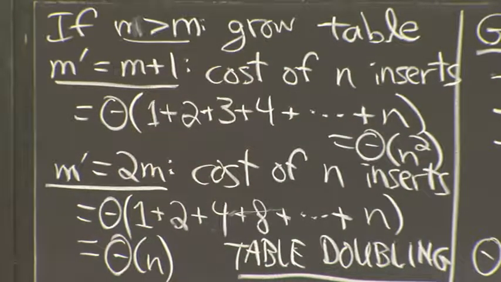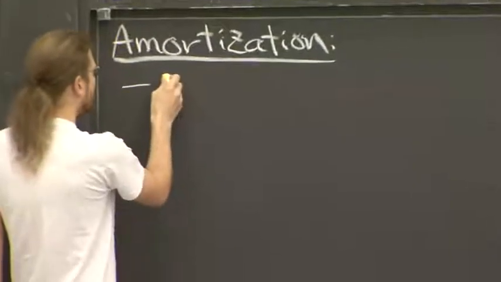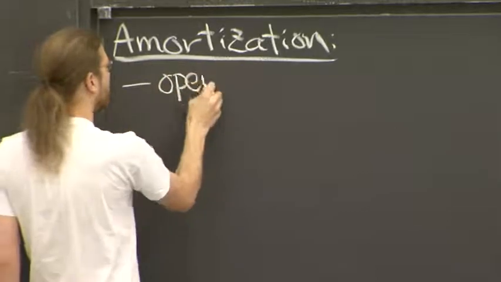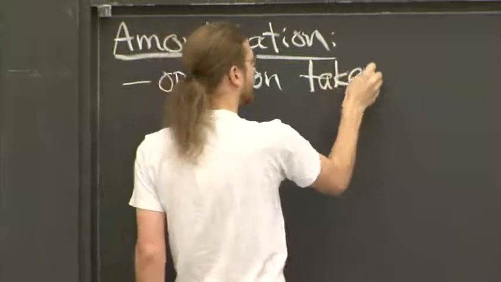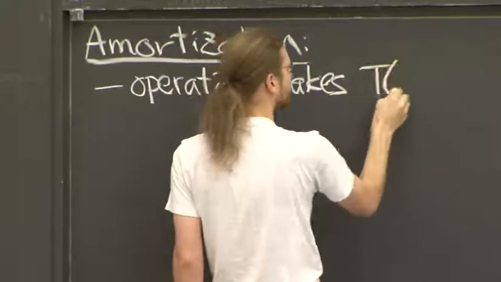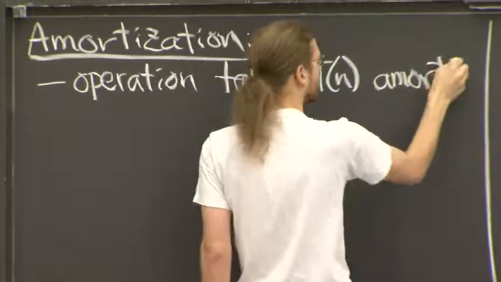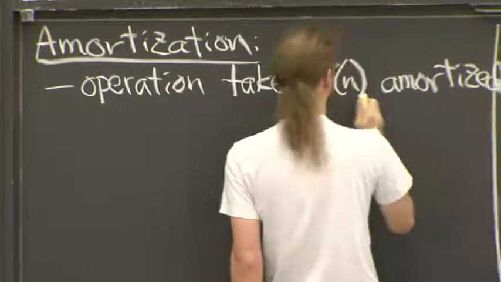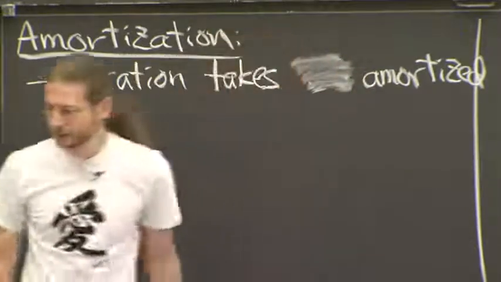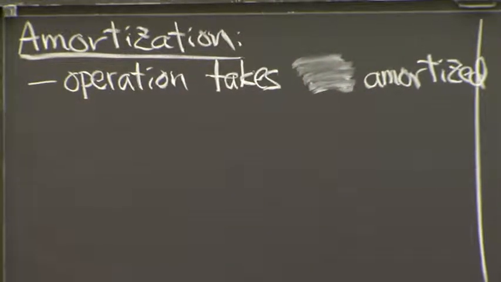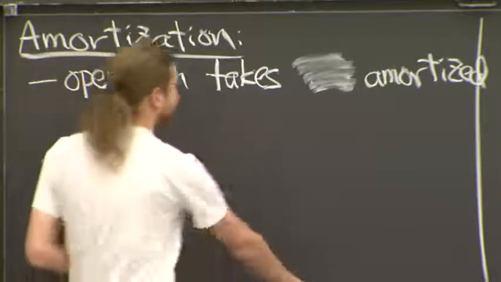Okay, so the idea with amortization, let me give you a definition. I'm going to be a little bit vague here and just say I want T of n.